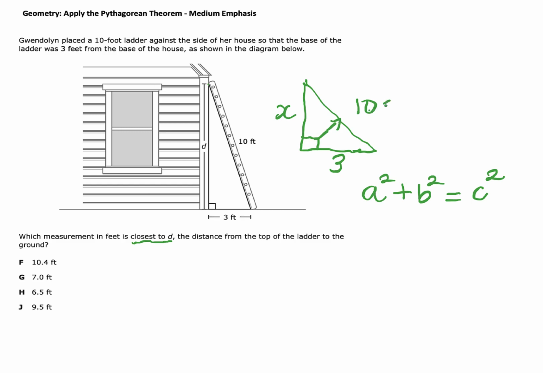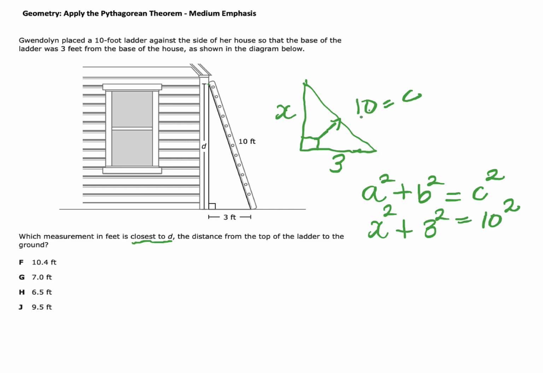So 10 is your C, which is your hypotenuse, which is your longest side. So I'm going to replace C by 10 squared, which means that X and 3 are your legs. So I'm going to say A is X, so that's X squared. And I'm going to say B is 3 squared. You have the hypotenuse. The hypotenuse is the longest side.